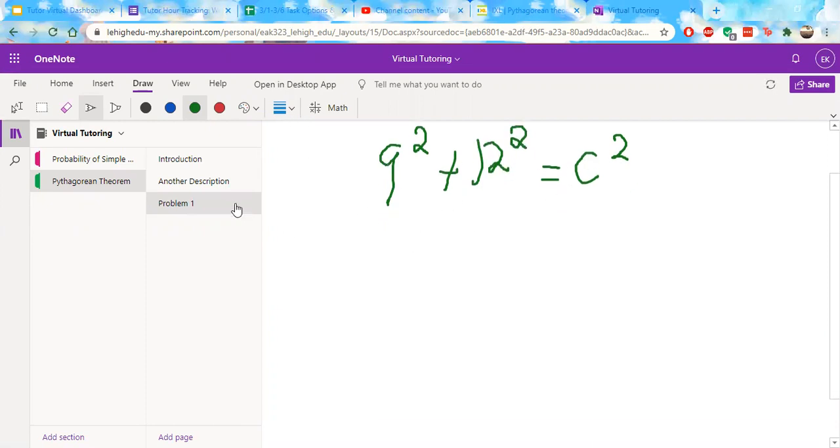So as I showed you in the intro, this actually ends up being 225 equals c squared. Now we're not done, obviously, because if it's asking you the question, it's asking you what c is, not c squared. So what you do is you actually take the square root of each side.